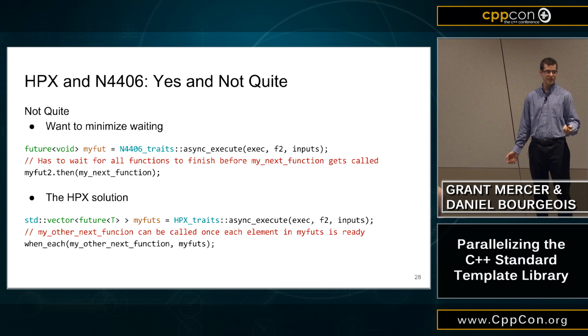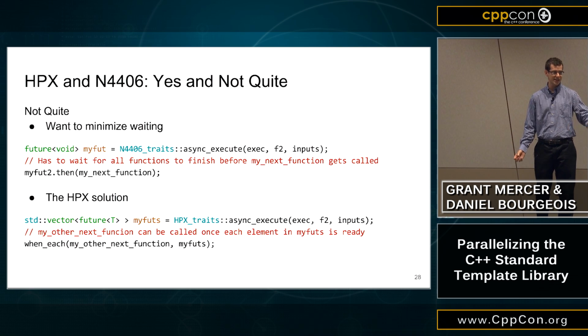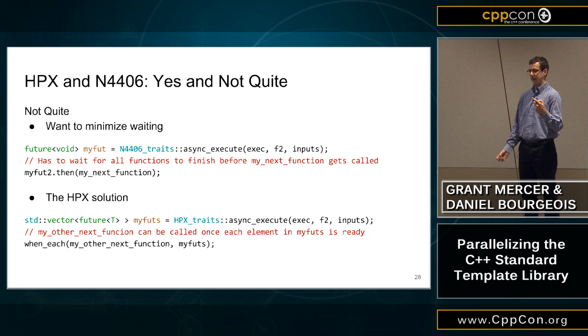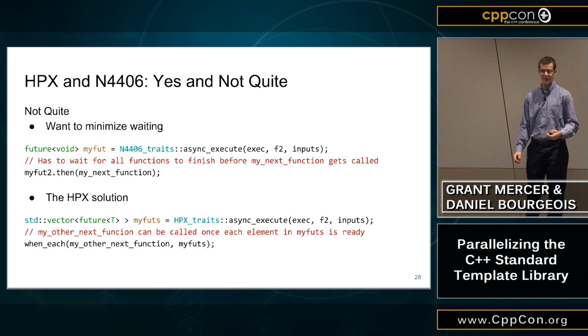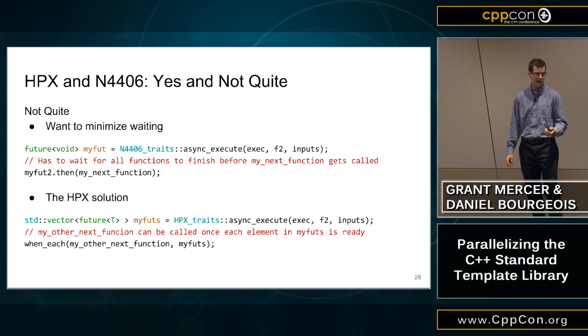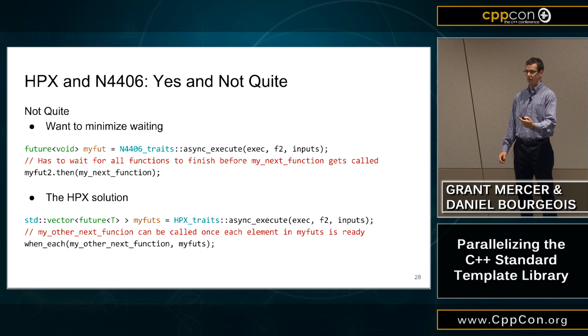So if we were to attach a continuation to this future, then we effectively insert a sequential portion of code, because we potentially have to wait for that one really long call, and that might cause a sequential point in the code. So inside of HPX, we decided to change it a little bit, and we added a way to get the future results of our call, and we do that with a vector of futures.